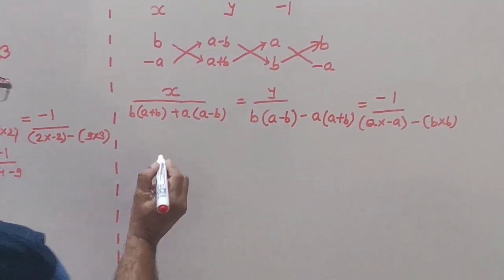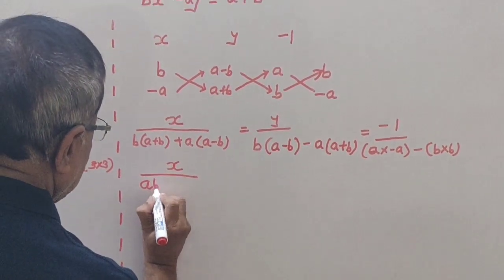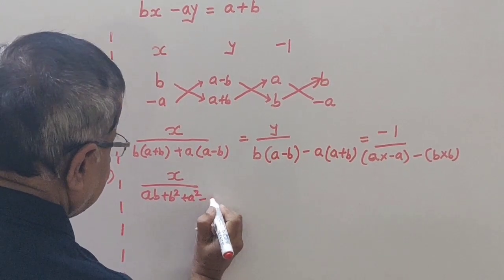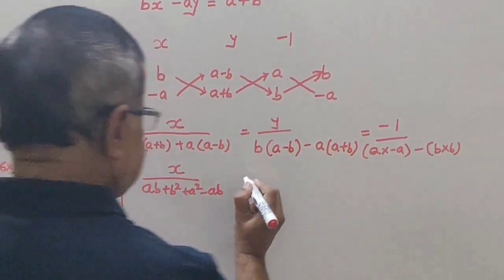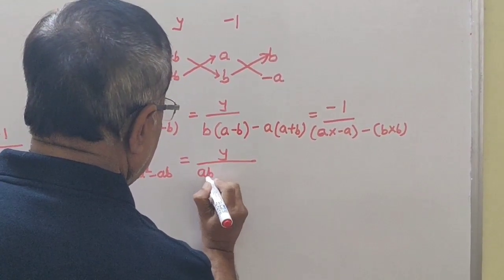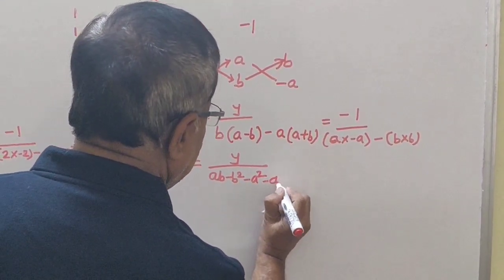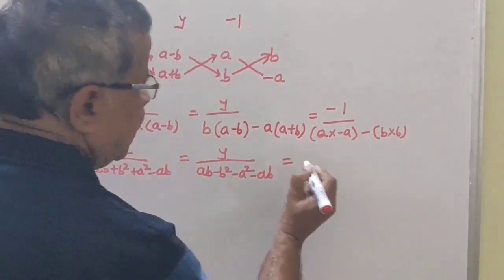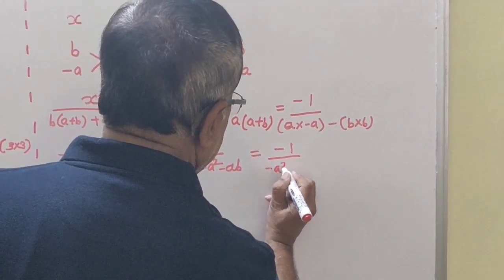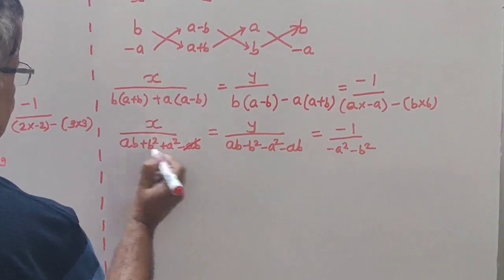Now what will come here? Now simplify this one by one. x upon ab plus b square plus a square minus ab. Now simplify y. y is upon ab minus b square minus a square minus ab. Now what will come here? Minus 1 upon minus a square minus b square. Now here ab will get cancelled.